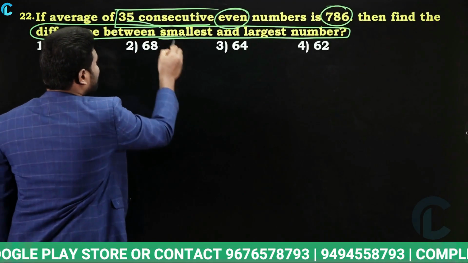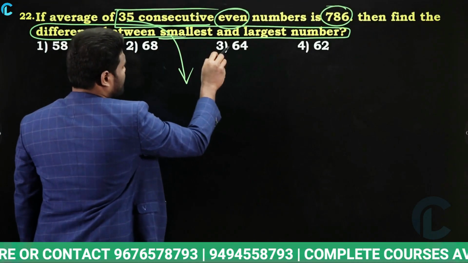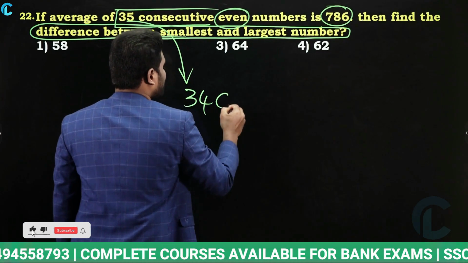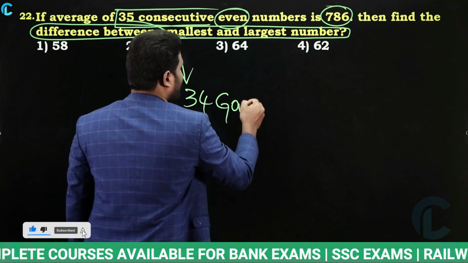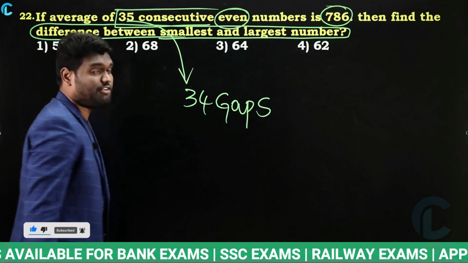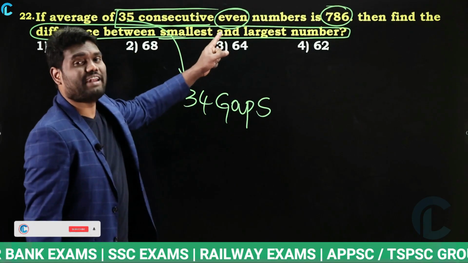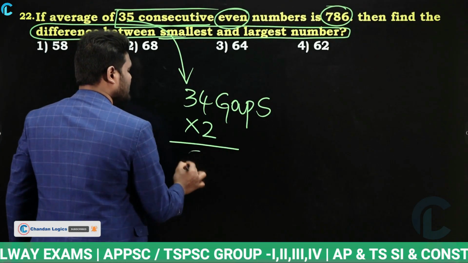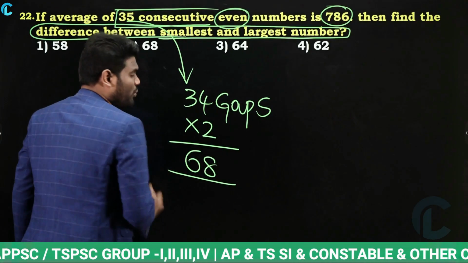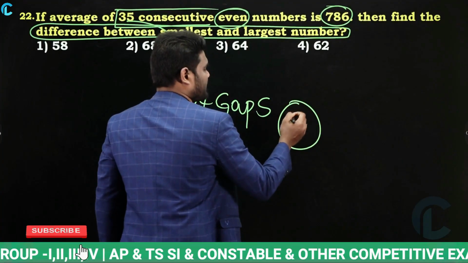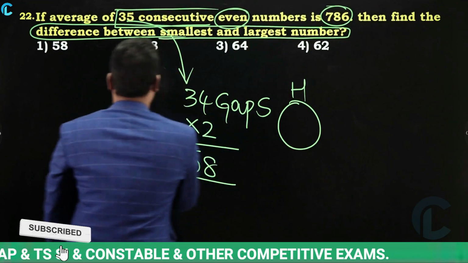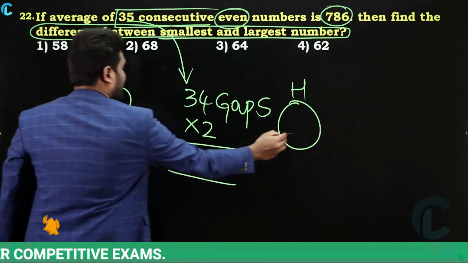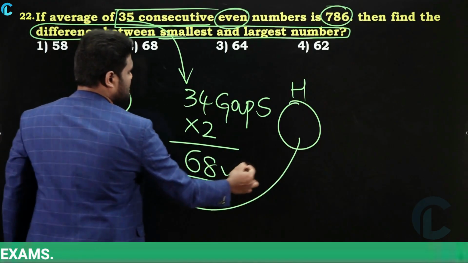Look here, for 35 consecutive even numbers, the gaps will be 34 gaps. As the gaps are 34, and these are even numbers, 34 into 2 is going to be 68, which means the difference between the highest number and the lowest number is nothing but 68.